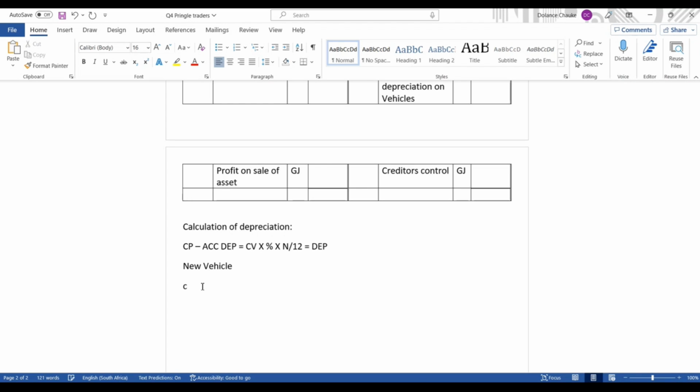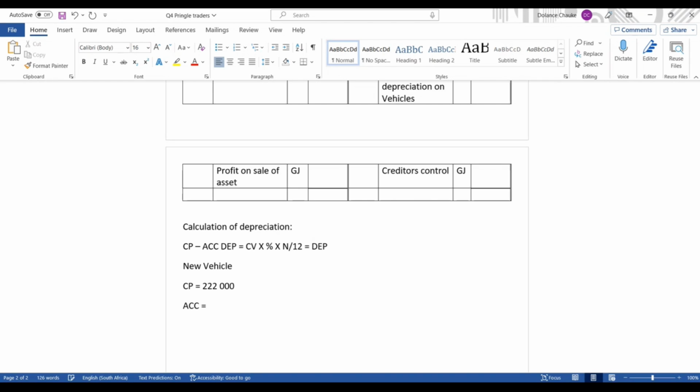Determine the cost price because it's needed there. How much is the cost price of the new vehicle? It's 222,000. Okay.